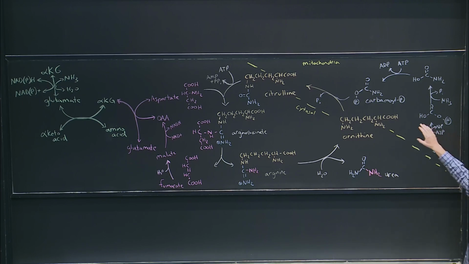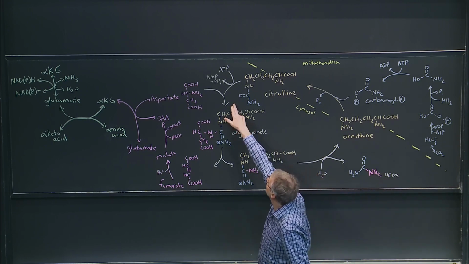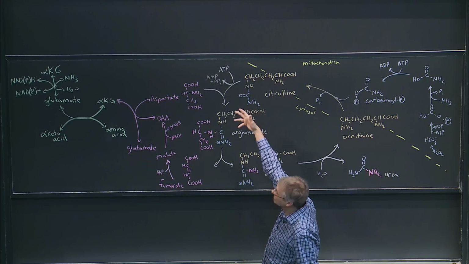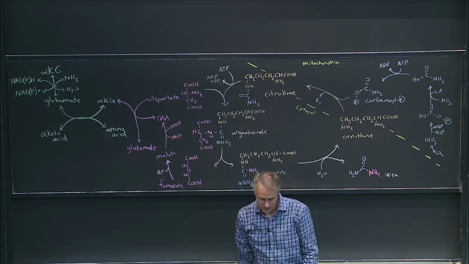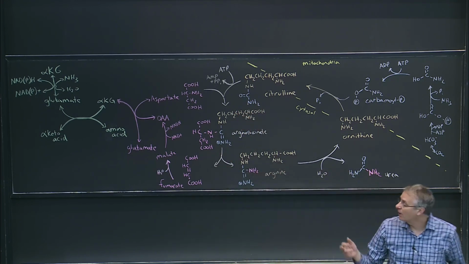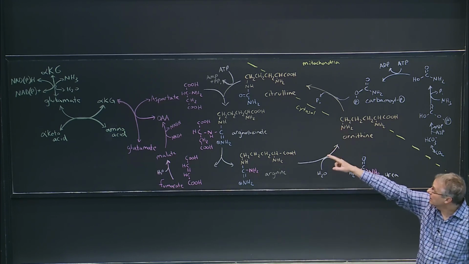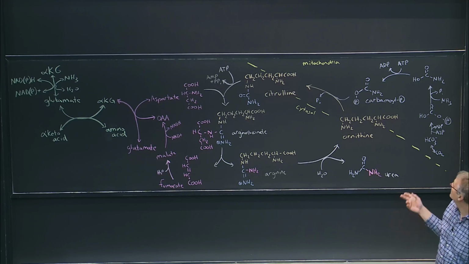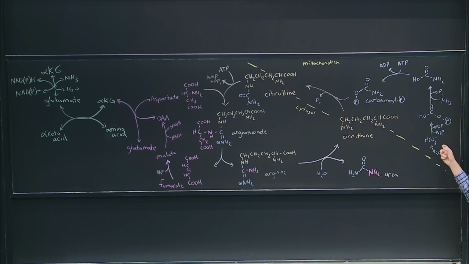You need 2 ATP to generate each carboxyl phosphate, as well as 2 ATP equivalents to generate arginosuccinate. Because remember, if you go back to your notes from last time, you'll see that ATP to AMP plus pyrophosphate was part of the citrulline and aspartate generating arginosuccinate reaction. And the last thing is that CO2 is required to run the urea cycle. That's where the carbon in urea comes from. And that CO2 is, of course, picked up in the generation of carboxyl phosphate.